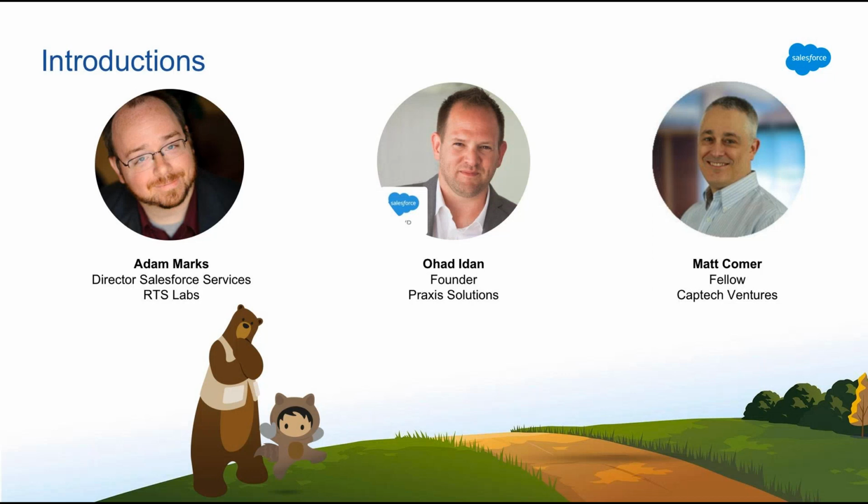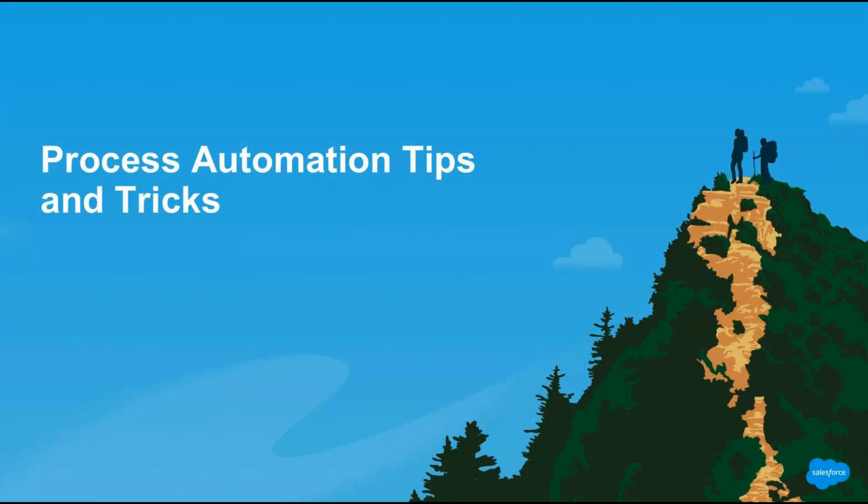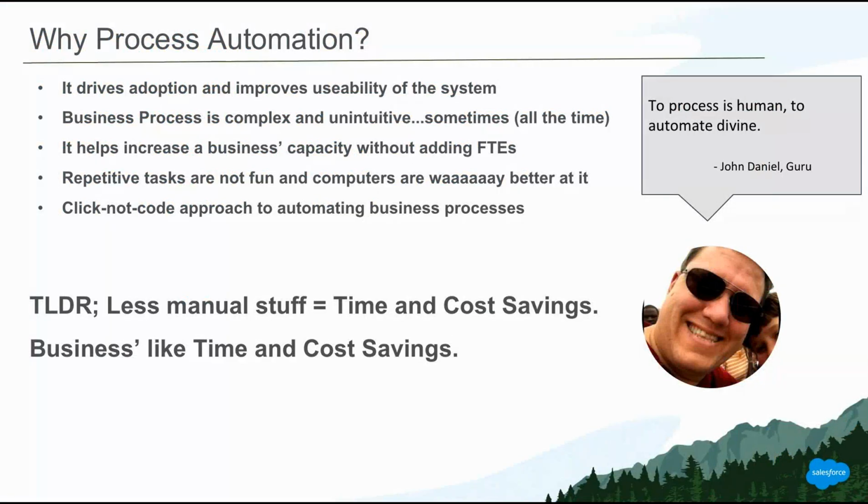Perfect. All right, so let's just jump right in and talk about process automation tips and tricks. So before we get into the tips and tricks, I like to approach this from two perspectives. There are tons and tons of great blogs, knowledge articles, Trailhead content that teach you how to use the various process automation engines, of which there are several, and we're going to get into those in a second.